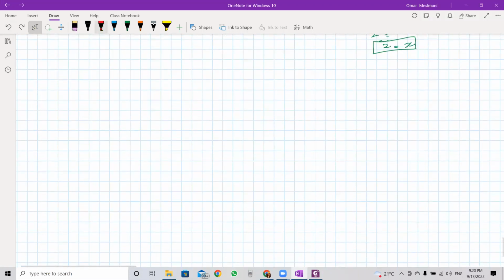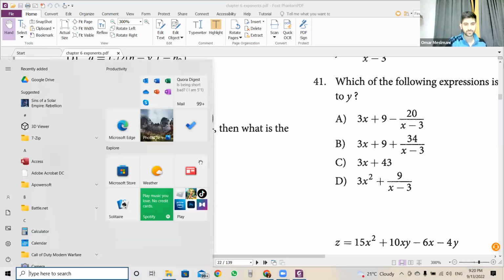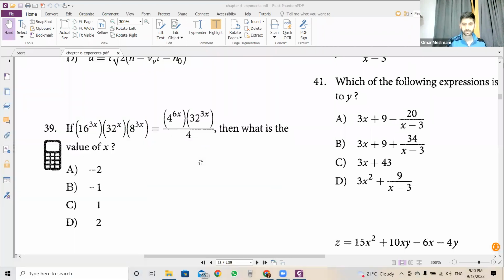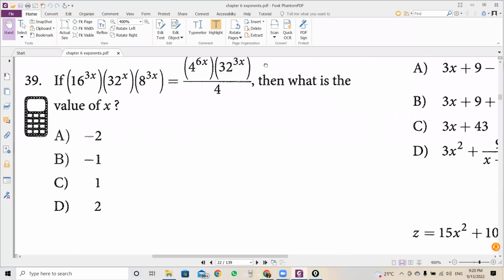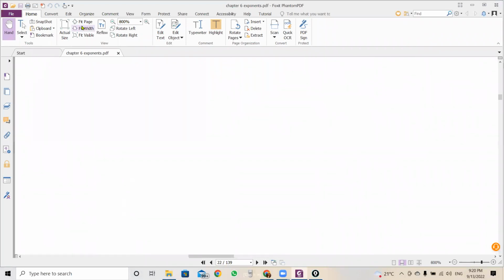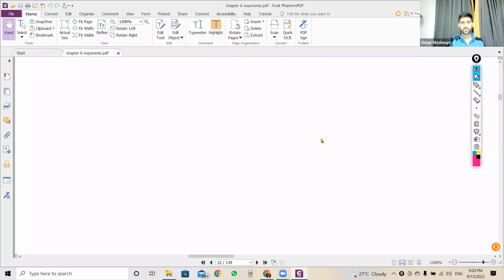Look, I have this, and I don't know why it's not working. Where is the pen? Ah, yeah. So, look.